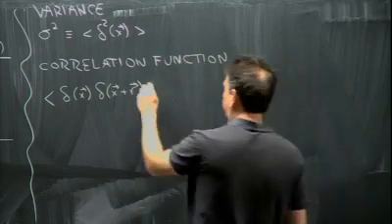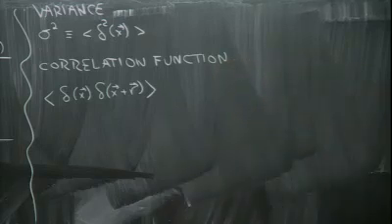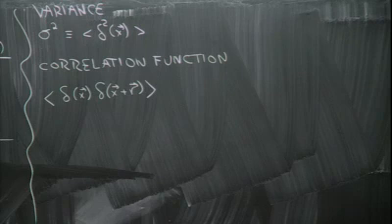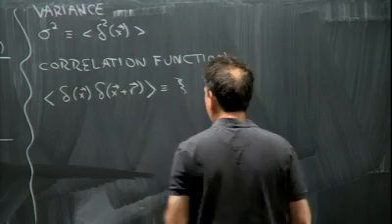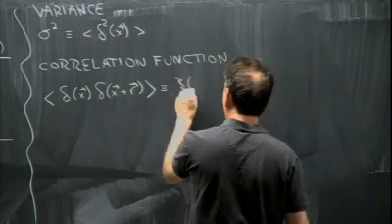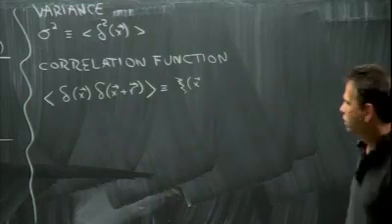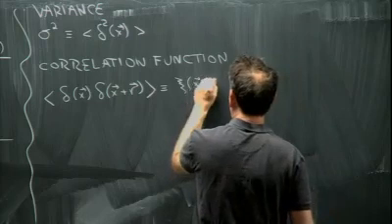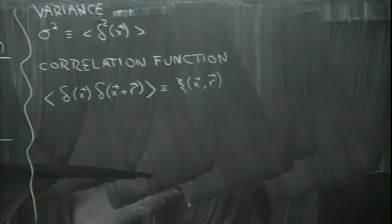And remember, again, these averages are always over x. So you measure delta here, and then you measure delta everywhere a vector r away. So this is defined to be the correlation function. In principle, this depends both on where you choose to put the center point x, and on how far away you choose the vector r.